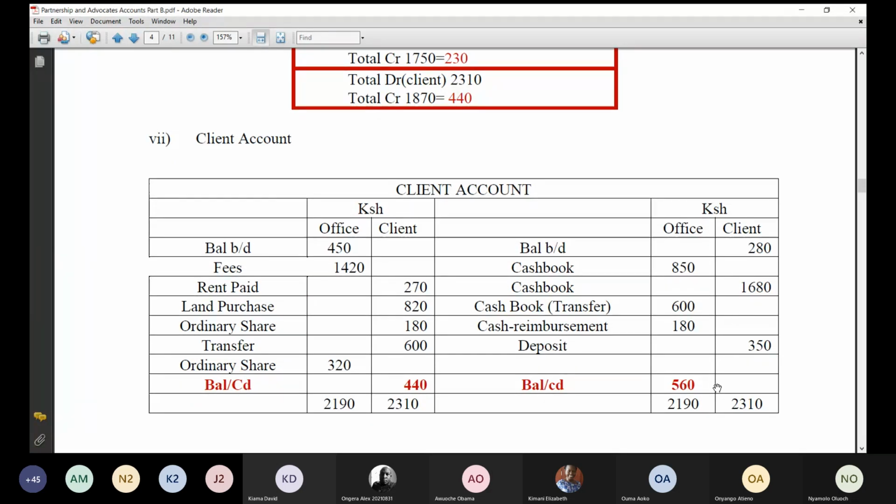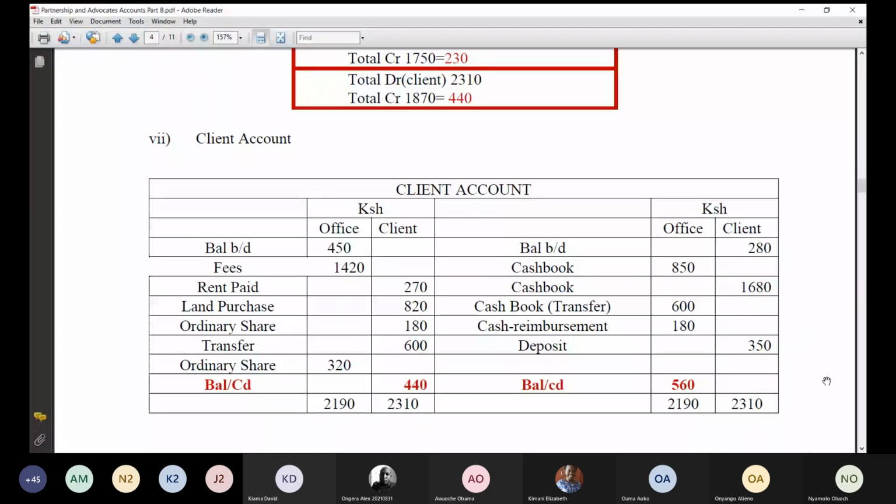In our client account, that is also reflected because our client has basically reduced what is owed to him. So that reduction of what is owed to him is affecting our office column, which we had said is our disbursements.